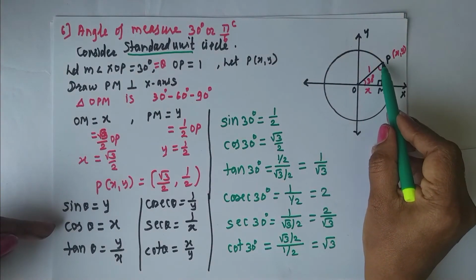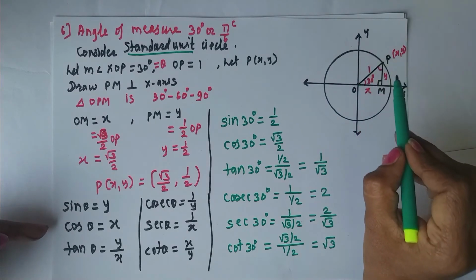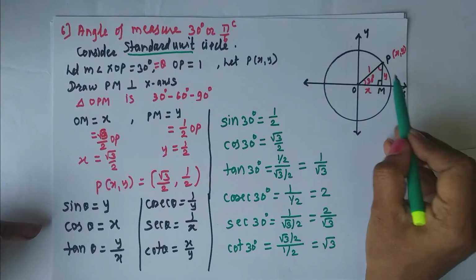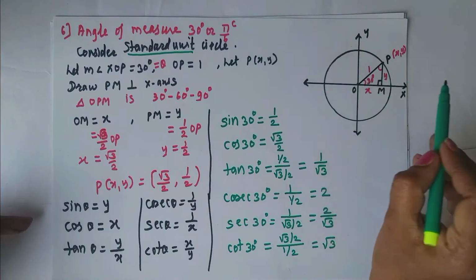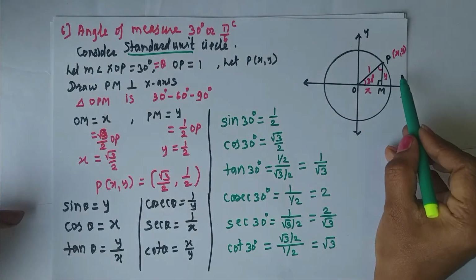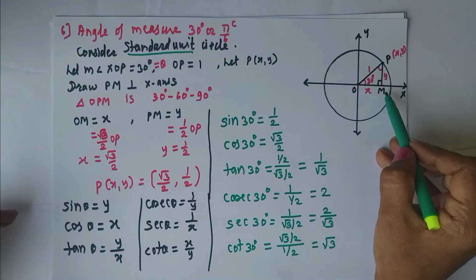Here we can draw two perpendiculars from P, on the x-axis or y-axis, but you remember that we always have to draw perpendicular on the x-axis, not on the y-axis. If you draw perpendicular on the y-axis, then you are not able to find the trigonometric functions.